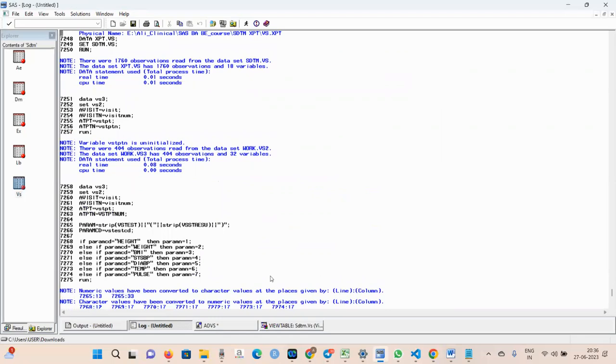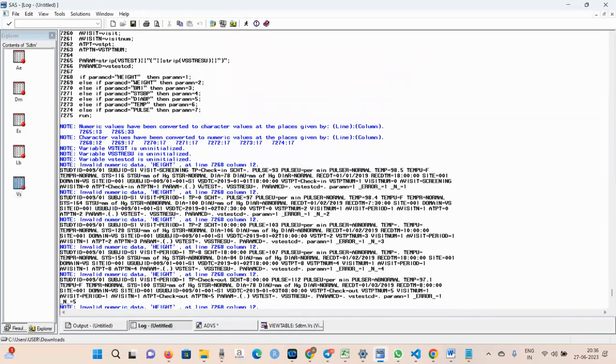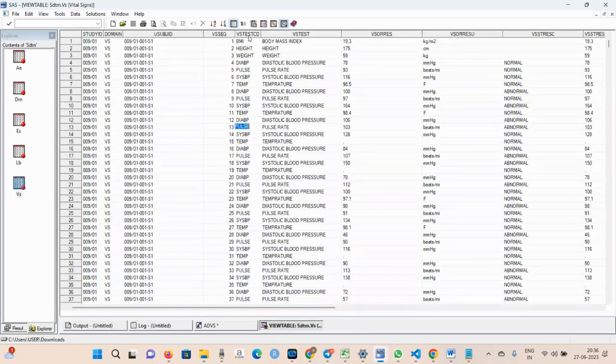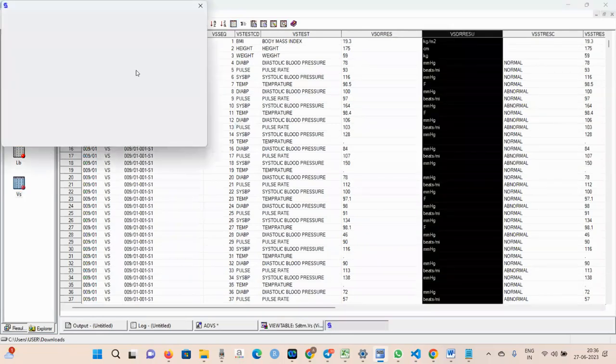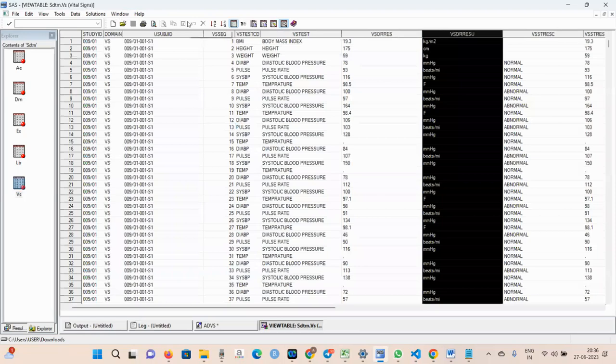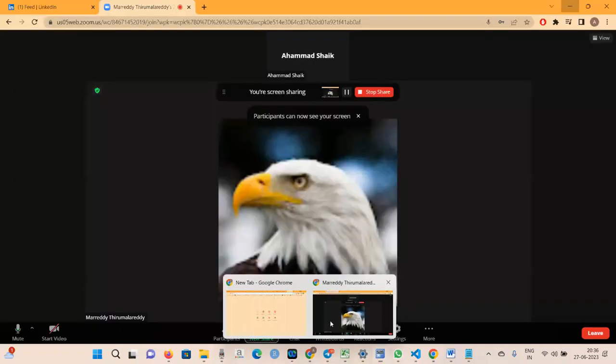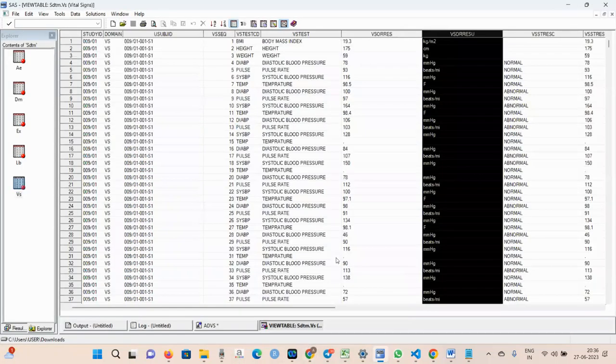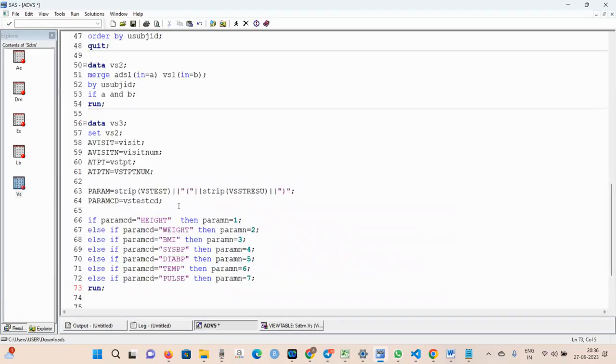So invalid numeric data. Okay, so there is an error.